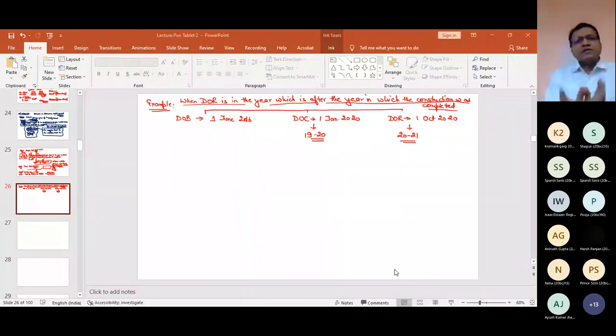Because some of you must be having some doubt about what happens when repayment is before. So that is why I wanted to give you this line. I discussed an example where the repayment date of my loan is after the year in which I completed the house. My repayment date can be before this date or even in the same year.